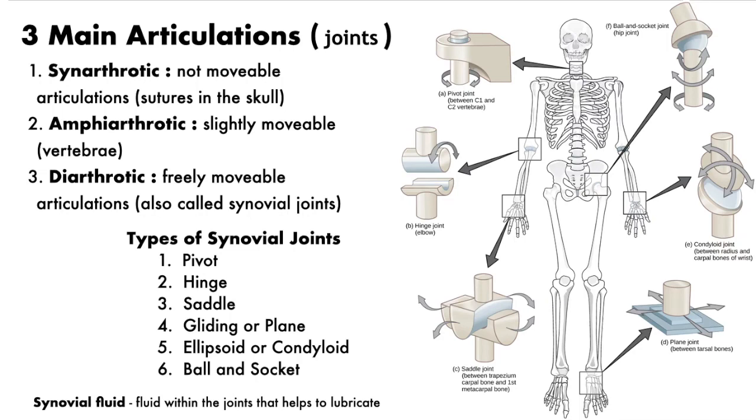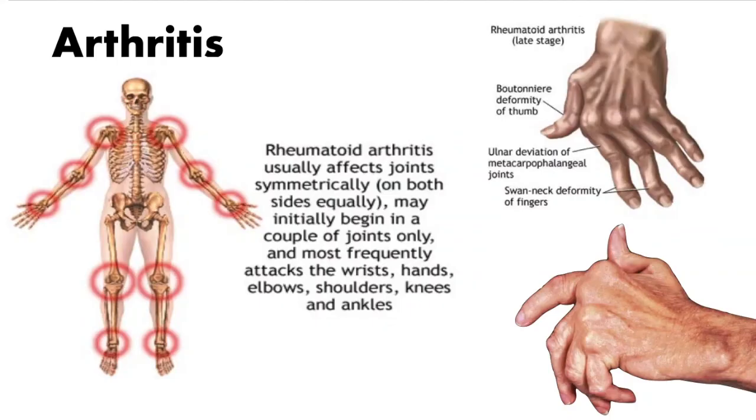Because we're talking about synovial joints, there's synovial fluid, which lubricates the joints, allowing them to move freely. Since we're talking about the joints and the articulations, we did talk about rheumatoid arthritis already. Arthritis usually affects the joints. This not only creates pain, swelling, stiffness, but also deformity in the later stages.